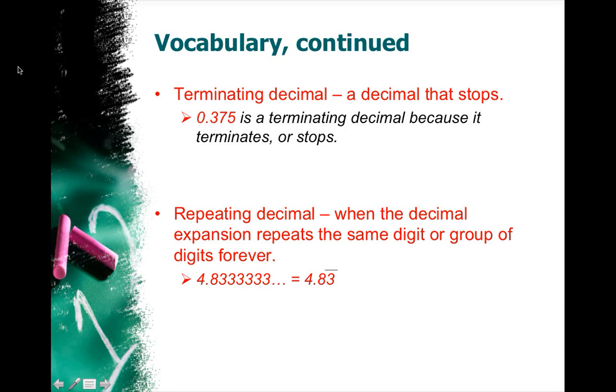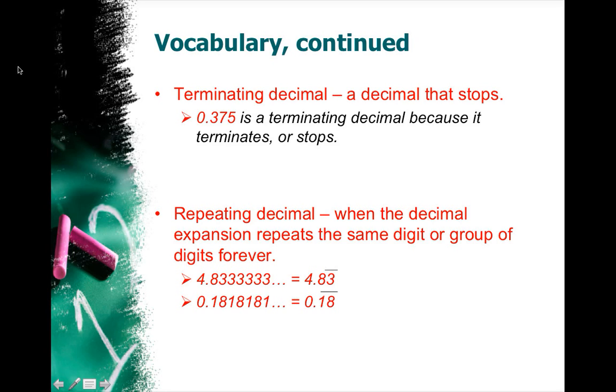For example, 4.83333, that 3 continues to repeat. So notice how we write that. We write that as 4.83 with a bar over the 3. Now the bar is only over the 3, not the 8, because only the 3 is repeating.